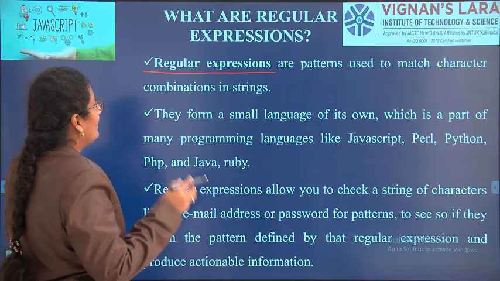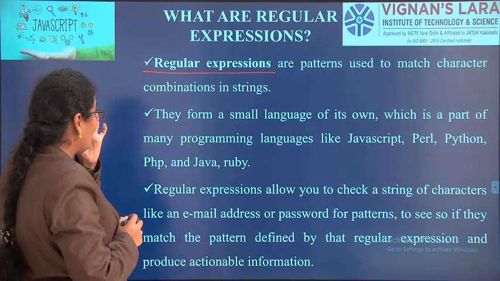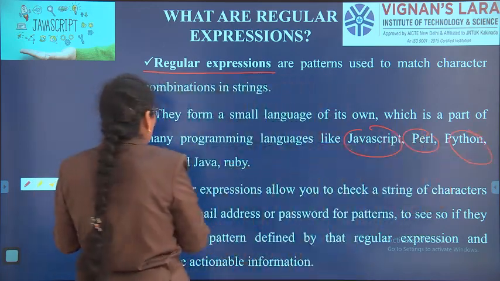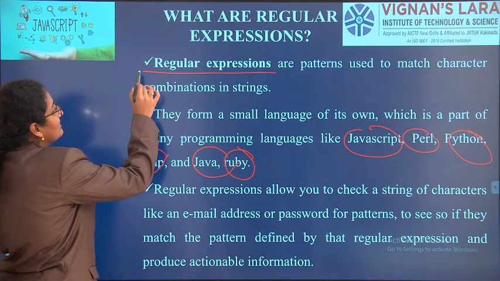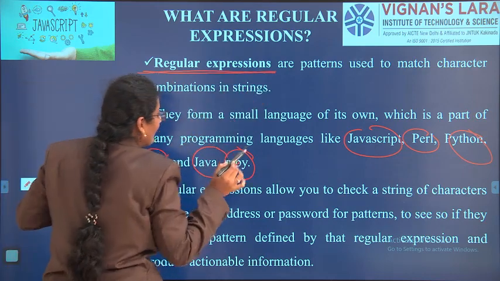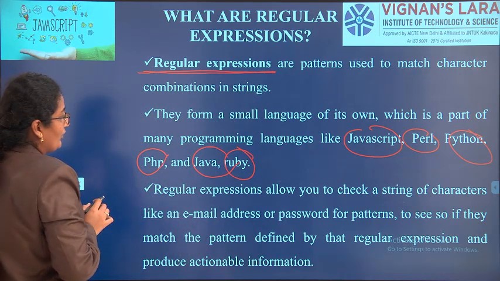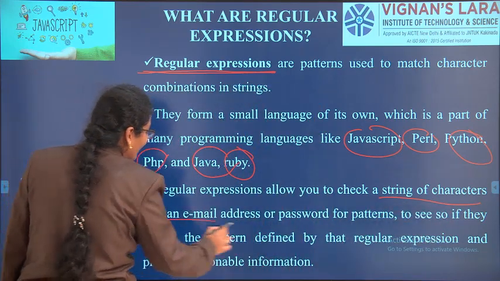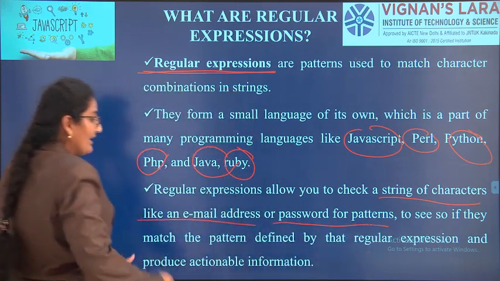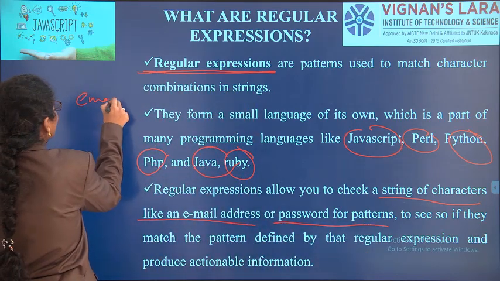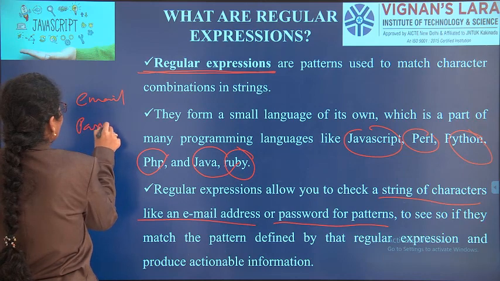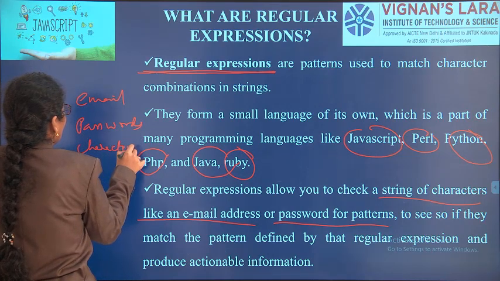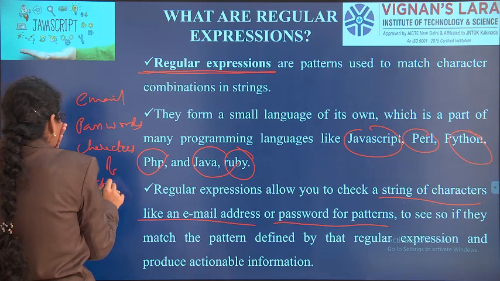Many programming languages like JavaScript, Perl, Python, PHP, Java and Ruby support regular expressions. Regular expressions allow you to check strings of characters like an email address or password patterns. You can compare email addresses, passwords, and characters of strings.